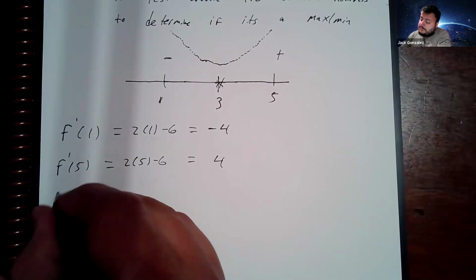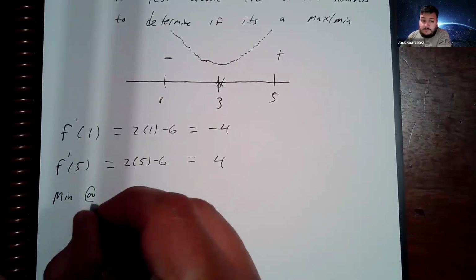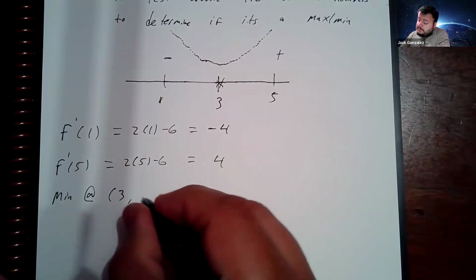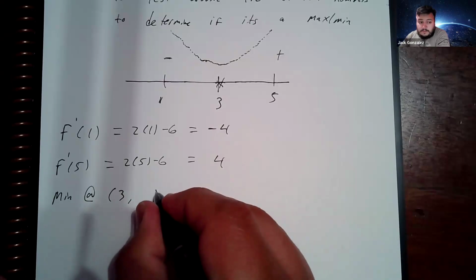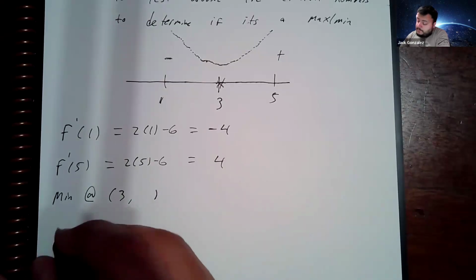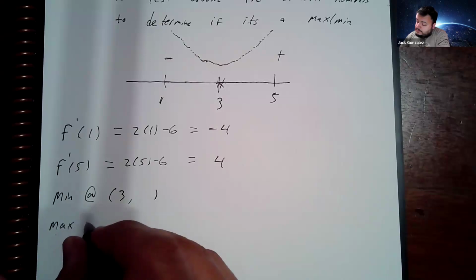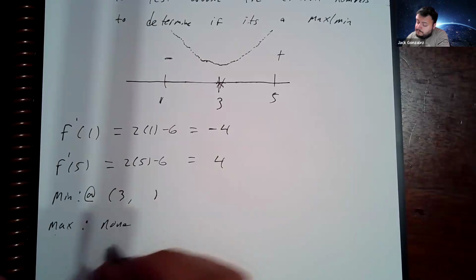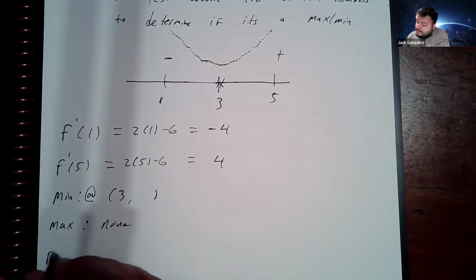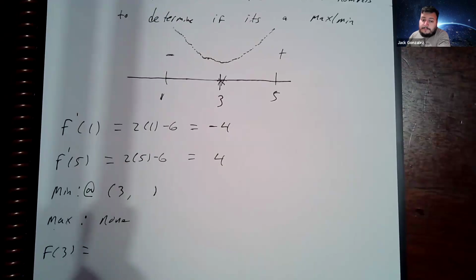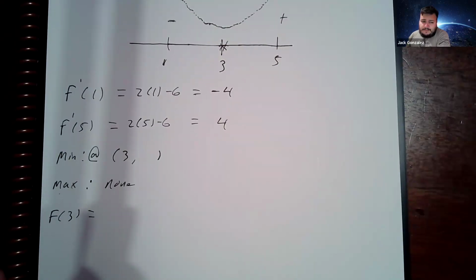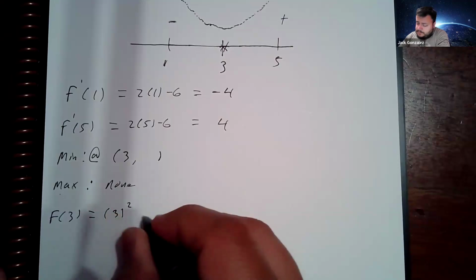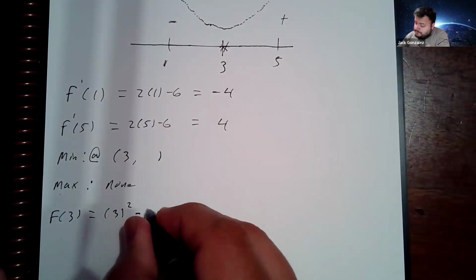So this tells us that there's a minimum at 3, comma, whatever 3 is. We've got to find that. There is no max. But to find the actual value, you've got to plug 3 into the original. The original was x squared minus 6x, right? Yeah.